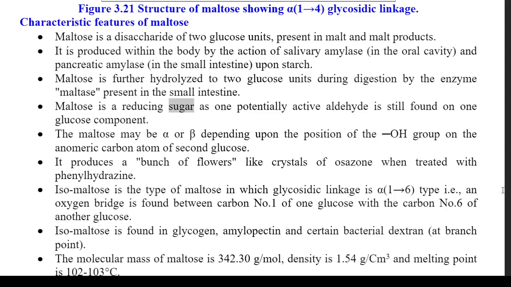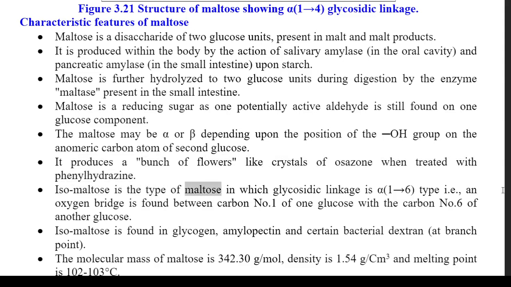Maltose is a reducing sugar as one potentially active aldehyde is still found on one glucose component. The maltose may be alpha or beta depending upon the position of the OH group on the anomeric carbon atom of the second glucose. It produces a bunch of flowers-like crystals of osazone when treated with phenylhydrazine.